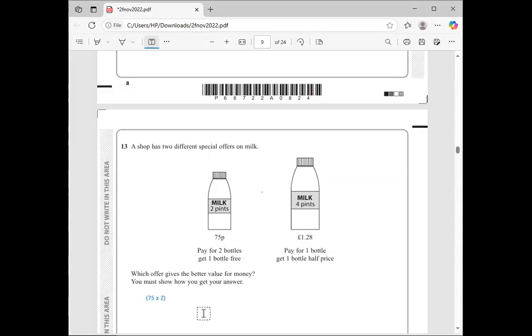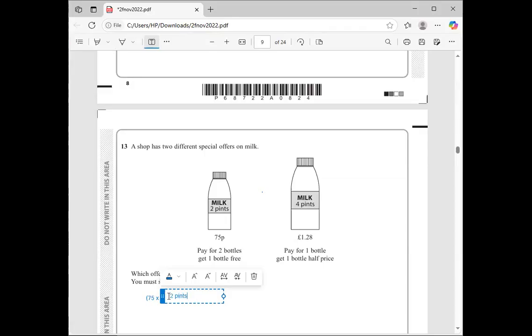Okay. So what do you think we'll do with this? I'm just saying, say which one will give you highest value? 75 times 2 will give me the pay for 2 bottles. One bottle free. And this is how many pints? This is 2 pints.